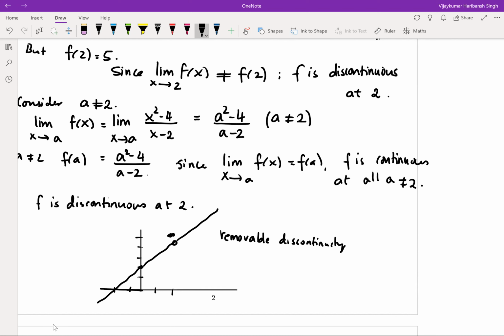This discontinuity can be removed by redefining the function to be this value here.